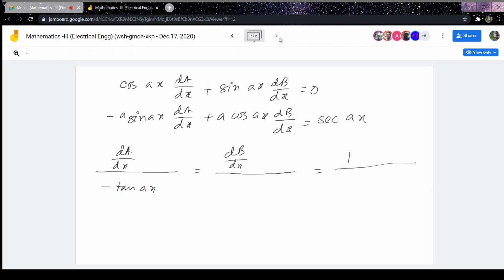So this will be this plus 1, and this will be cos square plus sin square.